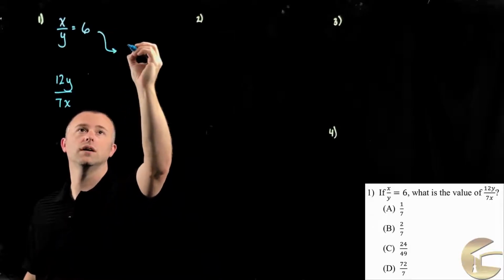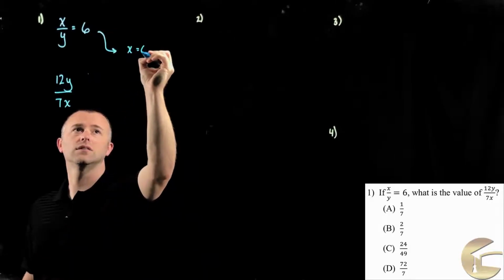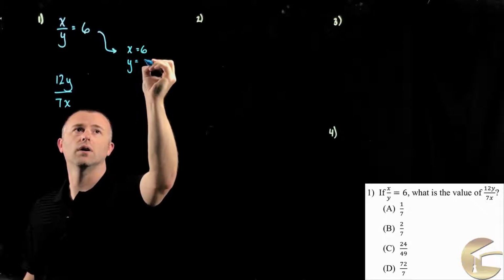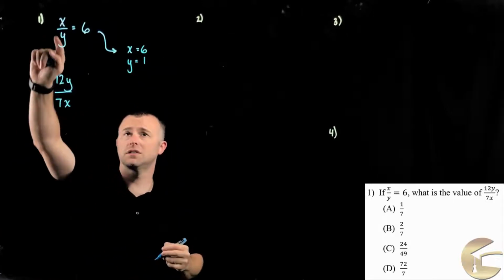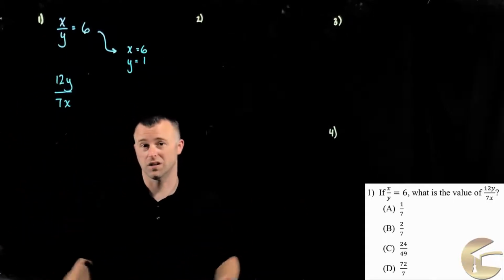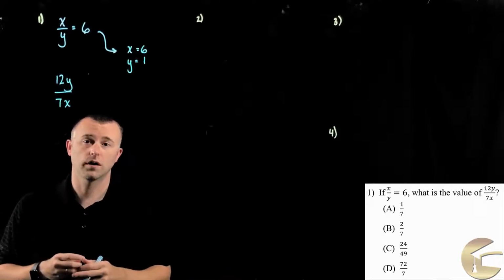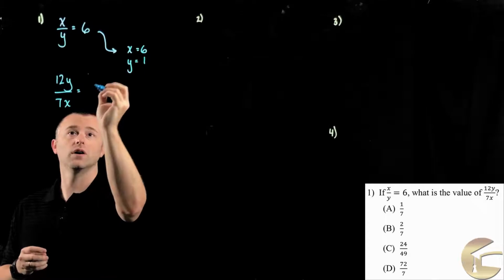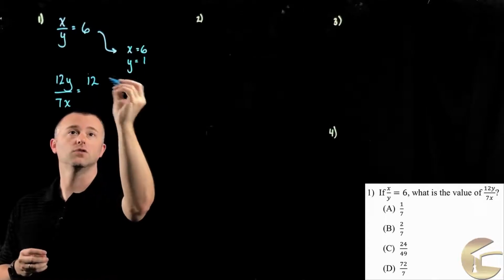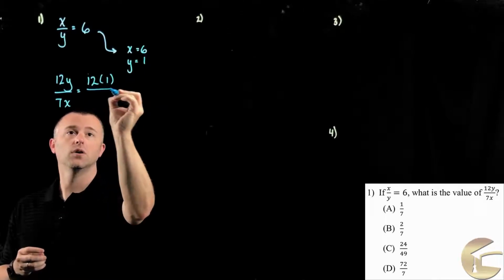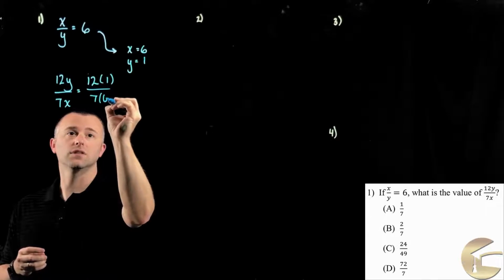So I'm going to say let's call x 6 and let's call y 1, because 6 divided by 1 gives you 6. Now that I have those numbers, let's figure out what 12y over 7x equals. So 12 times y, that's 12 times 1, over 7 times 6.